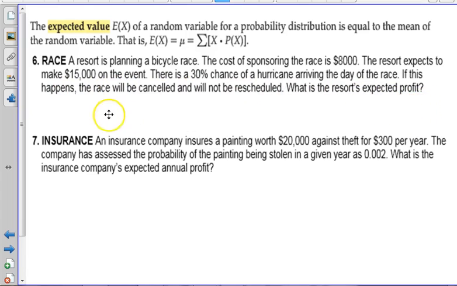Okay. So 30% chance that what happens? Hurricane, which means they will lose $8,000, yes? Okay.